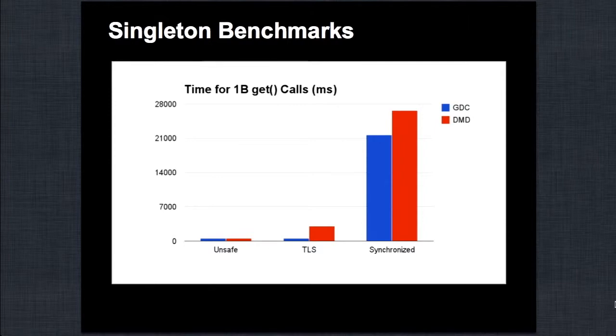We can see there's no discernible overhead compared to the unsafe singleton for GDC. For DMD, there's a little bit, but look at this. It pales in comparison to the naive taking a synchronized block every time. So we are basically having our cake and eating it too. Thread-safe singletons that are almost as fast as thread unsafe singletons, and we still get lazy instantiation.